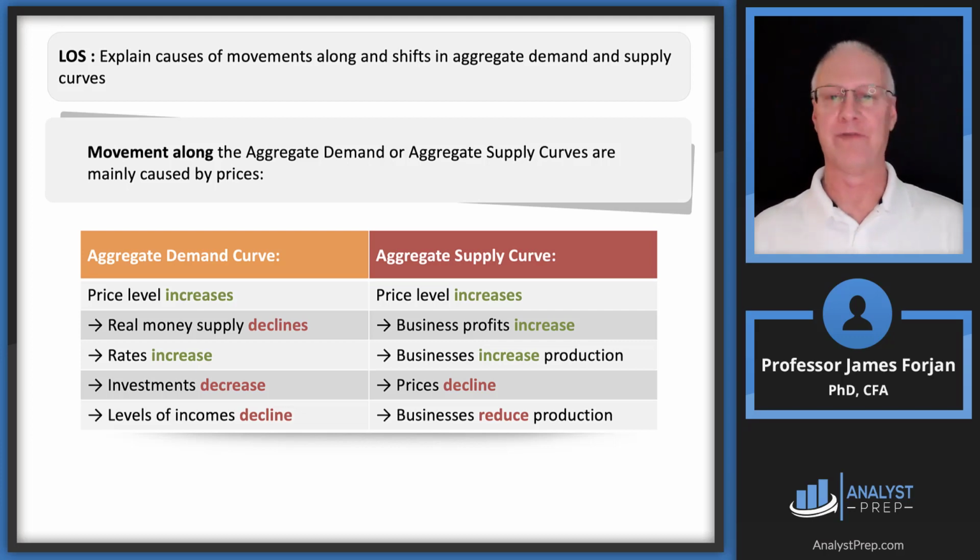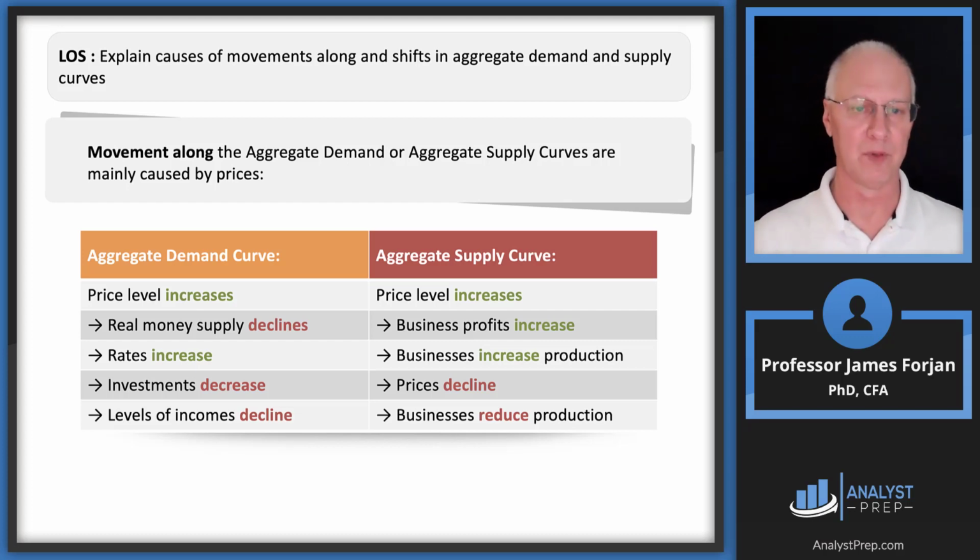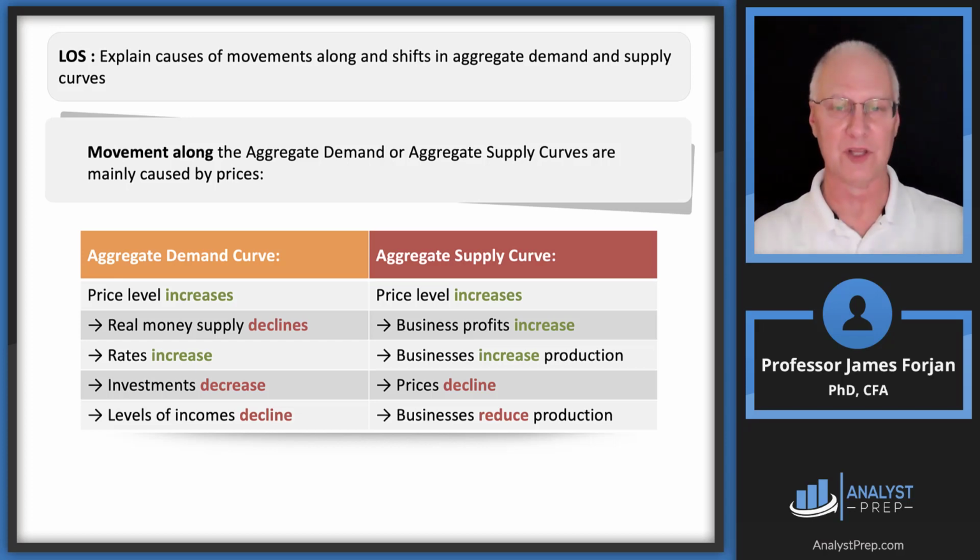And if firms can't find positive net present value projects, they're going to have to start laying off employees and lowering wages, so level of incomes decline. This will essentially result in a tendency for the economy to contract. I'm not saying that this is going to result in a recession. We'll talk about that in just a few minutes. But clearly, the elements are in place for some type of a contraction.